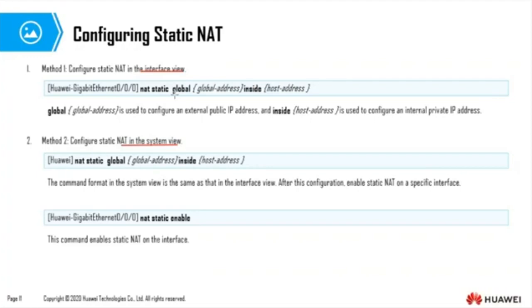So only devices within that network will be able to use that NATing. Are you getting the point? But when you configure NATing on the global, on the system view, then any other device connected via any other interface that has been enabled to use that NATing will be able to benefit from it. Are you getting the difference?